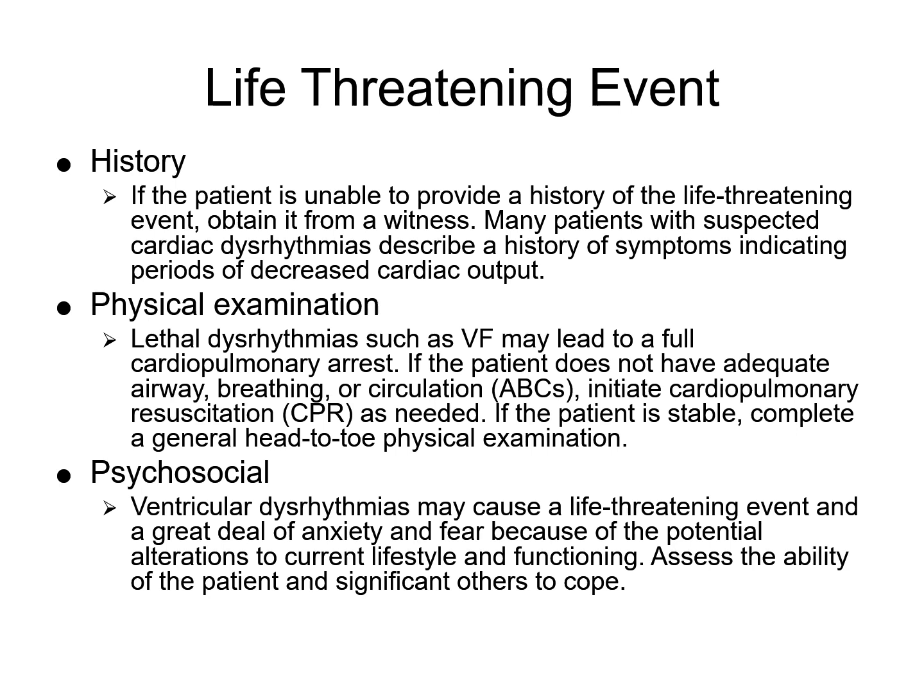Ventricular fibrillation results in death if not treated immediately, and ventricular asystole has zero cardiac output, and that's called full cardiopulmonary arrest. So when you have a life-threatening event such as this, if the patient is unable to provide a history, then you have to obtain it from a witness.